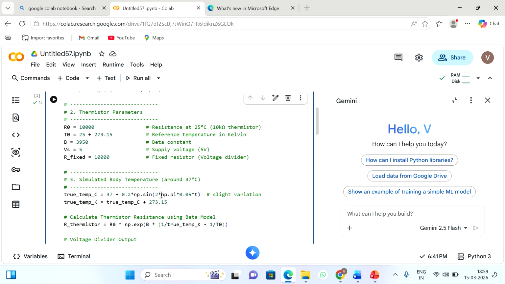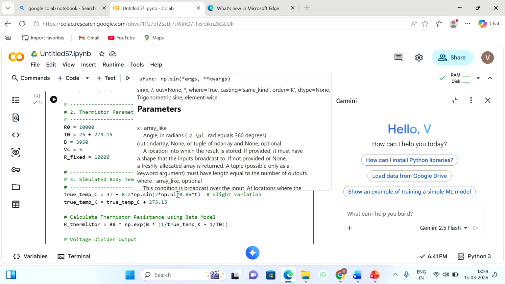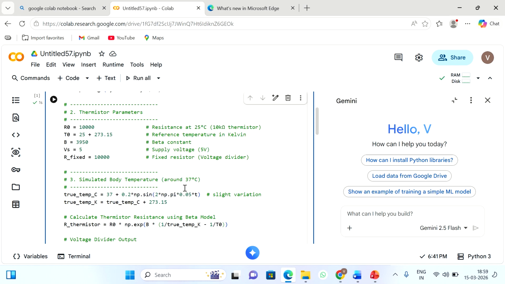So here only 2 will be given, but sinusoidal means positive peak, negative peak, so that plus 2 or minus 2. Then it simulates the natural physiological fluctuation. Then it will convert to Kelvin. So the true temperature in Kelvin is equal to the Celsius value plus 273.15. So it is getting added.